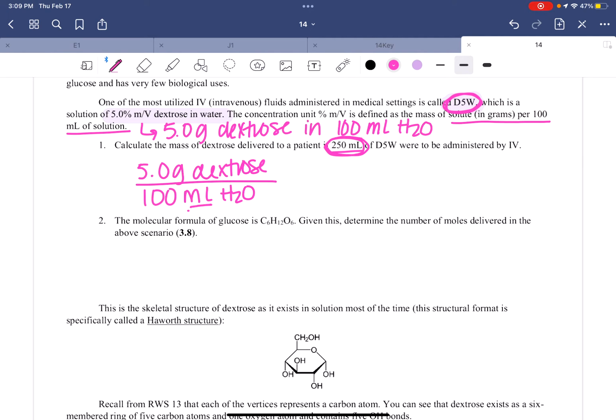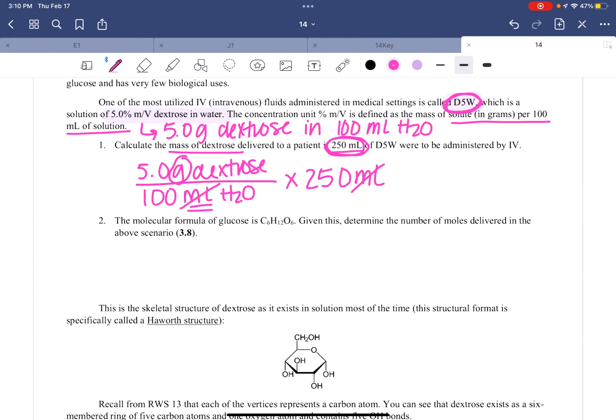And we have a unit of volume here on the bottom, and we want to end up with a mass of dextrose. And so we have grams on the top, and we want to keep them on the top. So that means we have to multiply by a volume to cancel out the milliliters that are on the bottom. So we're going to multiply by 250 milliliters. So those cancel out and we're just left with grams.